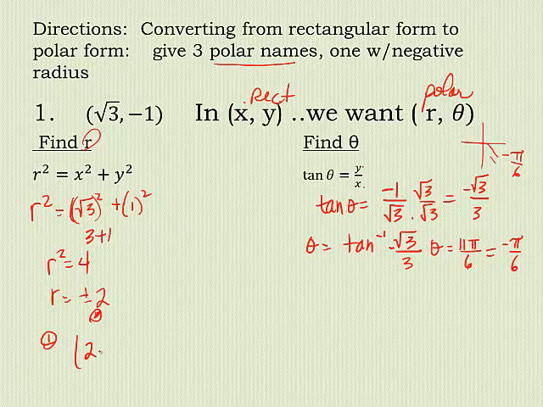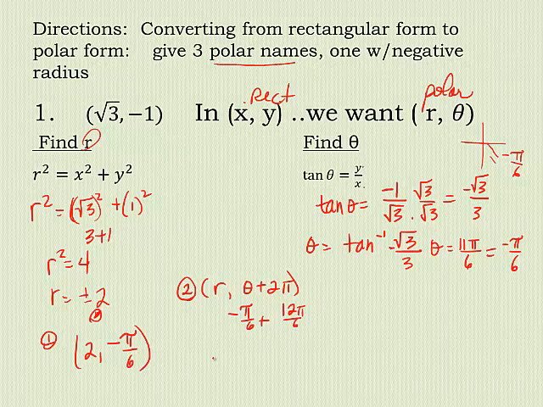So for my first point, my radius is 2, my angle is negative pi over 6. For the second point, you're going to take your radius just like it was, take your angle, and add 2 pi. So I'm going to take negative pi over 6 and add 2 pi. Well, 2 pi with the denominator 6 looks like 12 pi over 6. So r stays the same, and negative 1 plus 12 is 11 pi over 6.